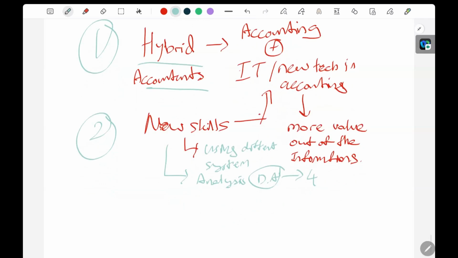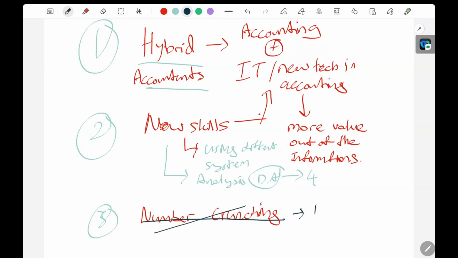You'll be more into interpretive, all right? Last time, in the olden days, we were more into number crunching, right? But now we are no longer at number crunching. We'll be more into interpretive skill.